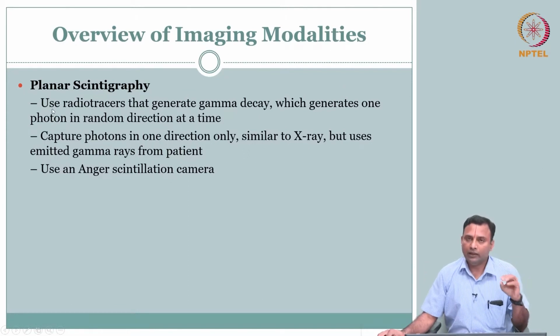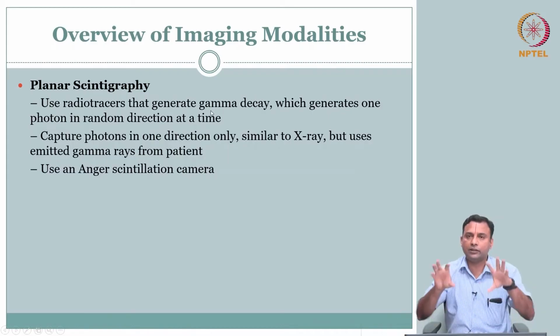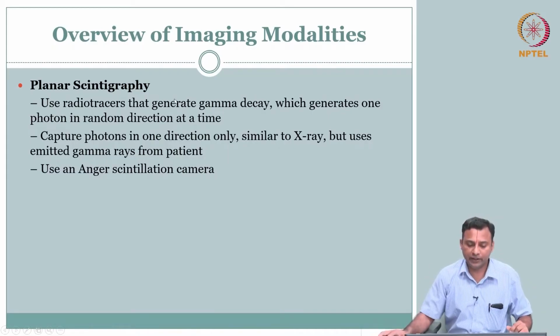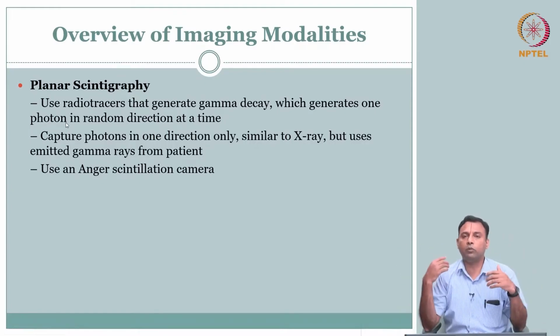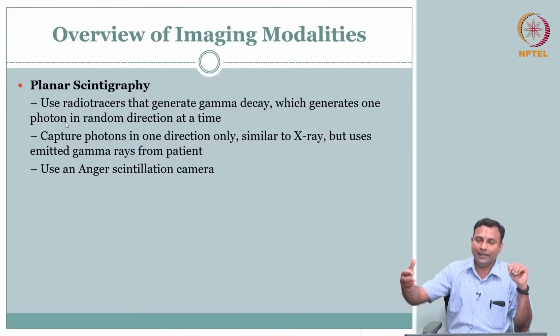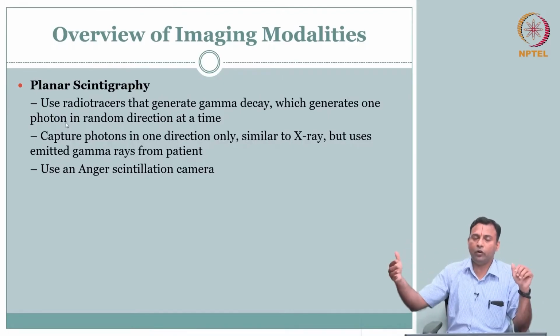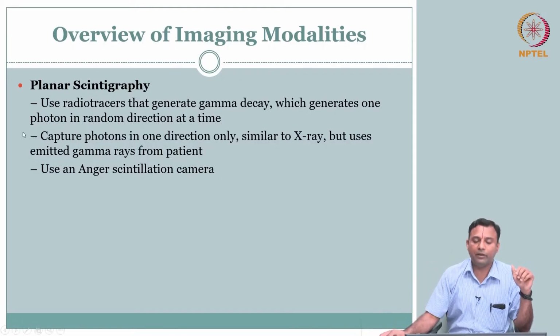Here it is very straightforward: you put the radiotracer in and it starts to give out gamma radiation. Gamma photons will come out throughout the body in all directions. So if you keep a detector on one side, in one location, these photons can be captured in that direction.